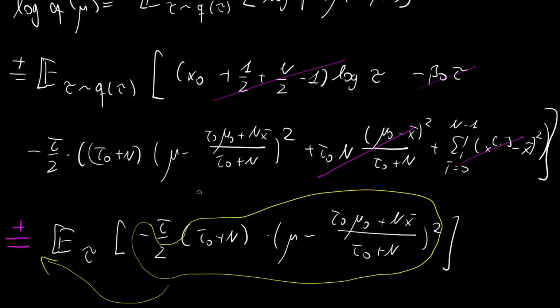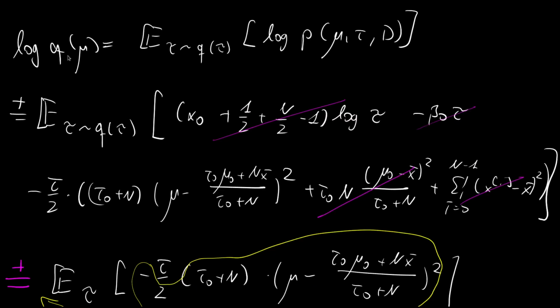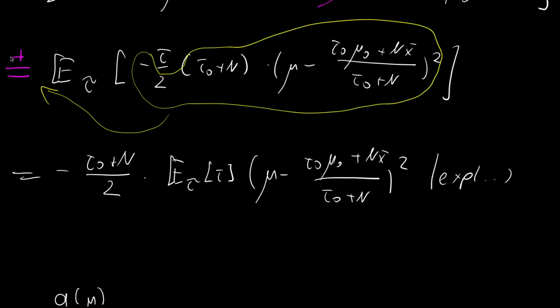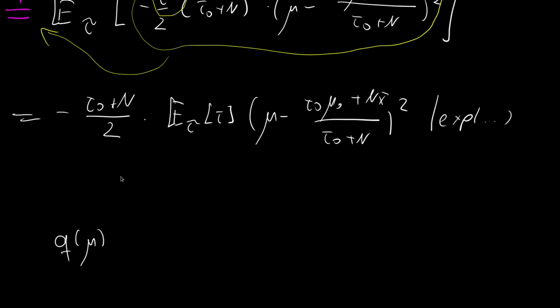And then recall what we have here is the logarithm of our q of mu. So we can exponentiate on both sides of this equation. So let's apply this. And then we get that q of mu is, well, so far we looked at equal signs up to an additive constant in log space. And in non-log space, this means it is proportional.